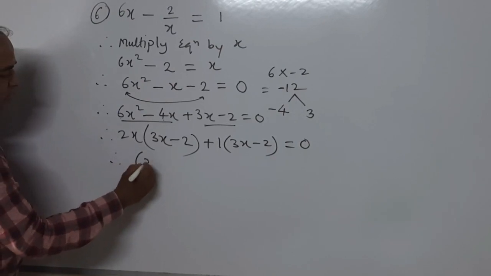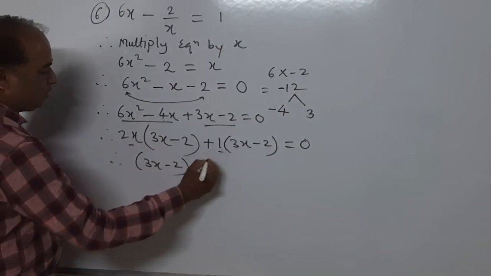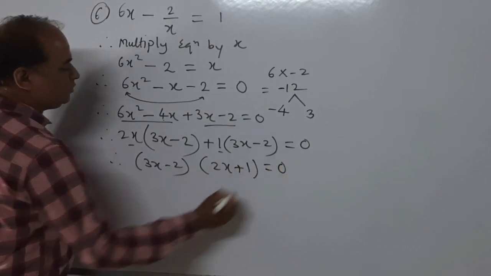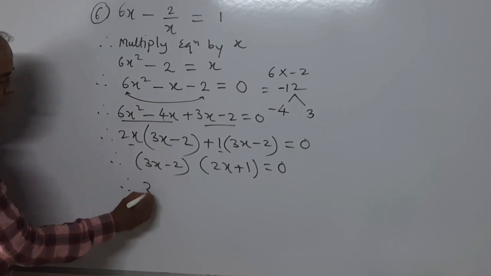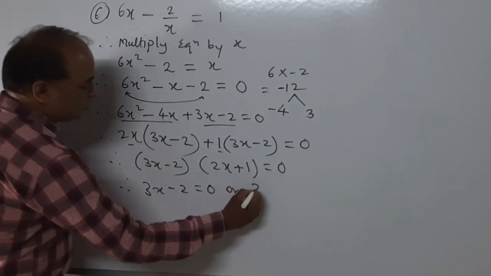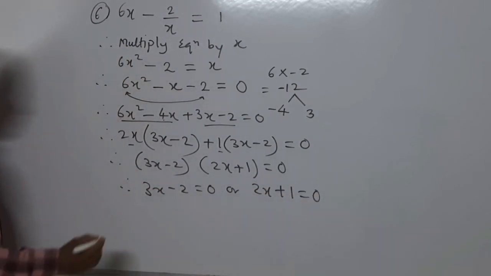Therefore in the first bracket 3x minus 2, and in the second bracket the remaining terms, that is 2x plus 1, is equal to 0. Therefore 3x minus 2 is equal to 0, or 2x plus 1 is equal to 0.